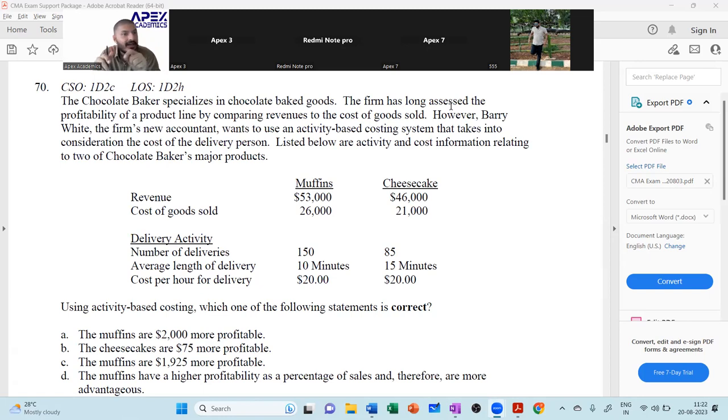However, Barry White, the firm's new accountant, wants to use an activity-based costing system that takes into consideration the cost of a delivery person. Please understand that when you take into consideration COGS, the cost of a delivery person will not be taken into consideration. The question is why? Please understand. COGS comprises opening stock plus purchases plus carriage inwards.